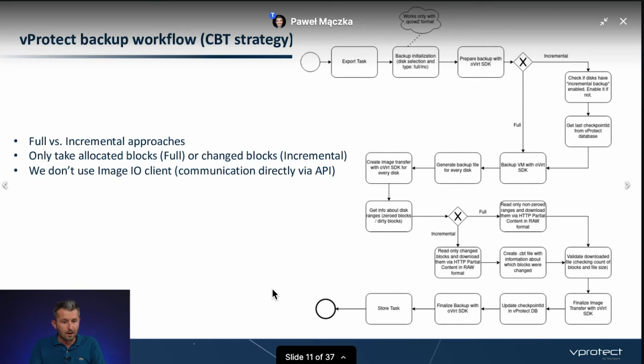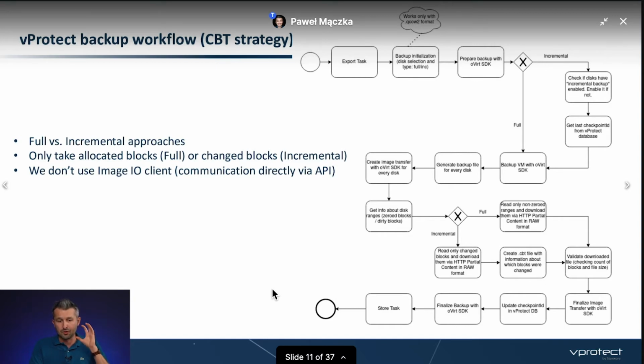Okay, vProtect backup workflow. If we're using CBT, of course, we have a full and incremental approach. Only allocated blocks in a full are considered to be taken, so without zeros, and only changed blocks if we're talking about the incremental. If you go deep dive, you will know that the CBT strategy uses the image IO client to find the changed blocks.